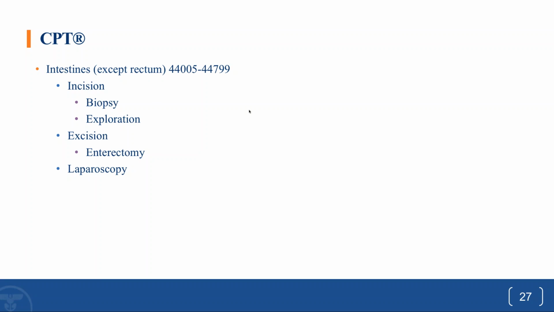And I will be going back through some of the main things I need you to have in this chapter before we move on. Those are just the procedures on the intestines, 44005. And that would be on page 285.